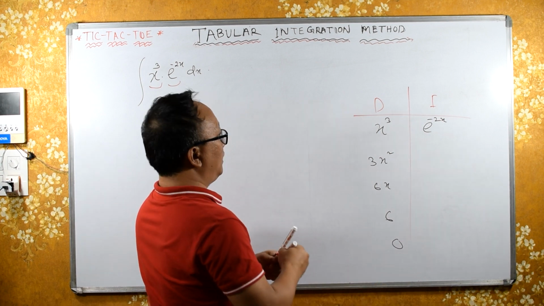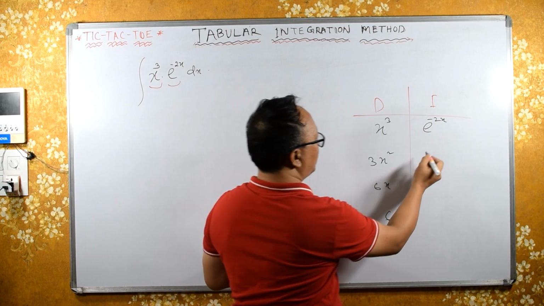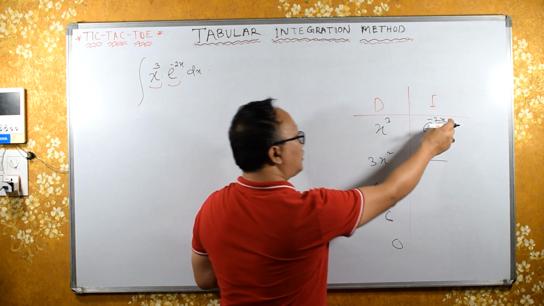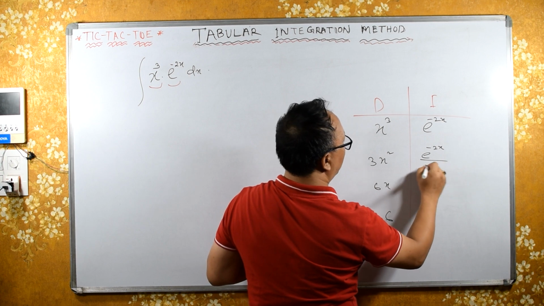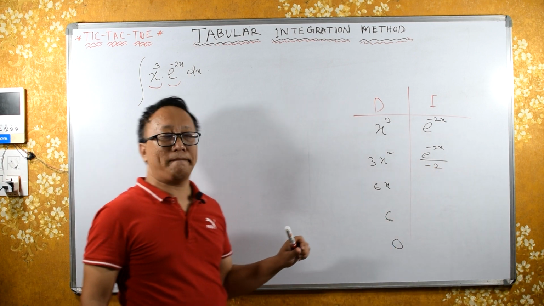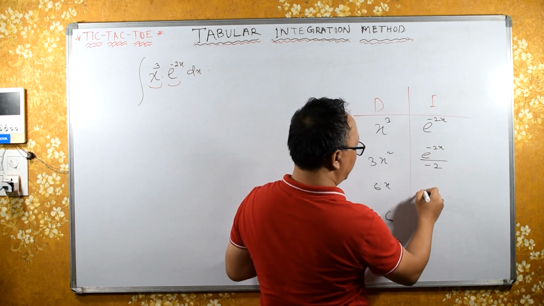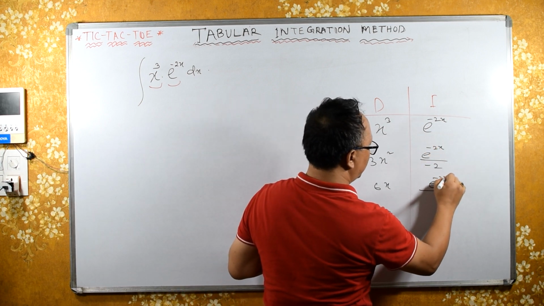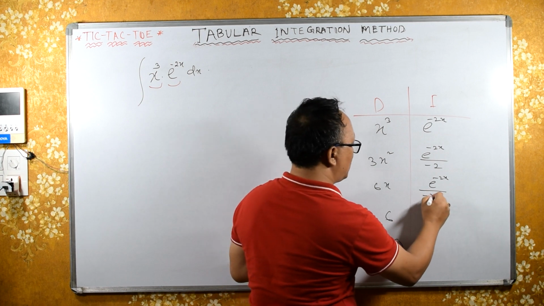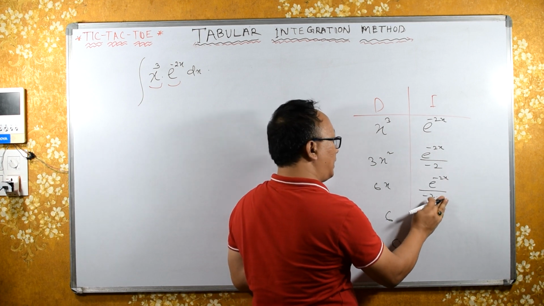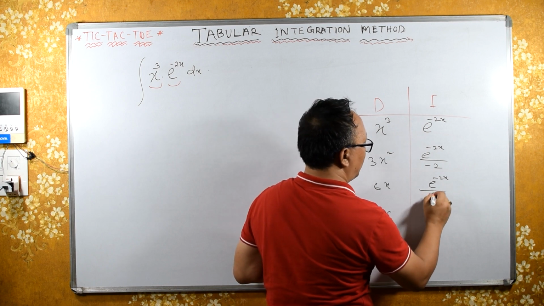Now integral of this is e raised to minus 2x upon derivative of minus 2x, which is minus 2. Again integrate, this will be e raised to minus 2x, minus 2 again minus 2, which is plus 4.